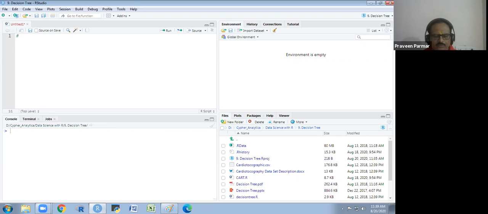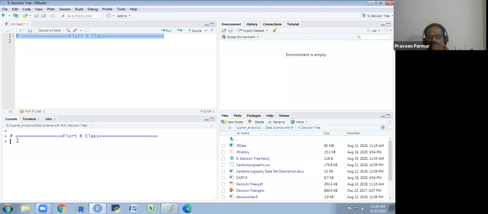If you want to write the first R class, I am writing this. I have used the hash. So if I run it, I will not get anything in the console. If I select and run, then it will be printed on the console, but R will not be involved in any calculation.